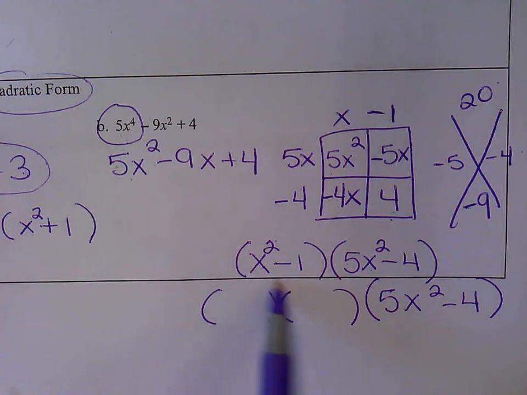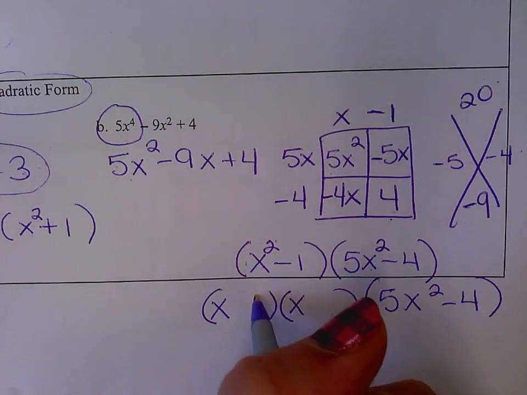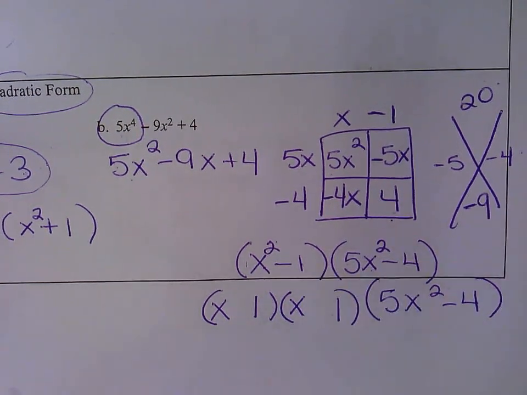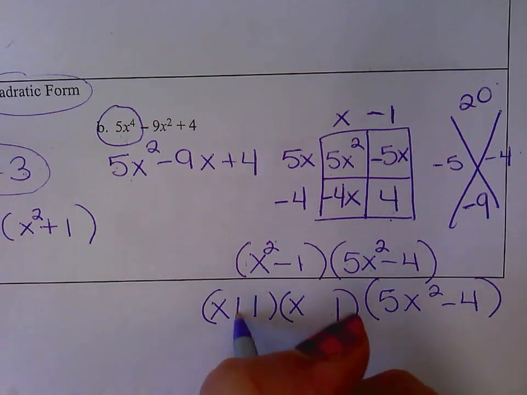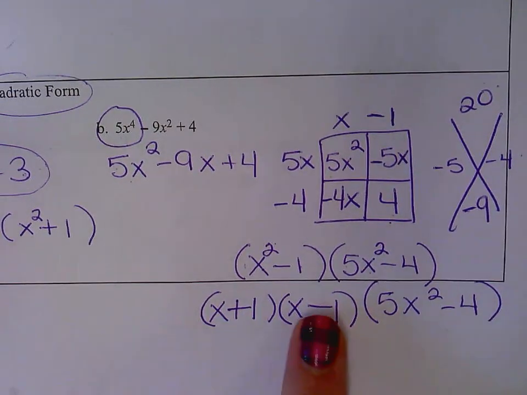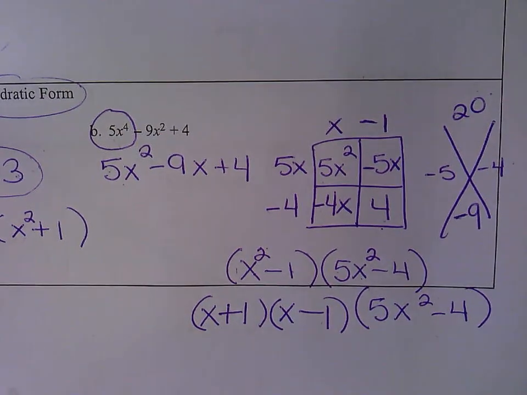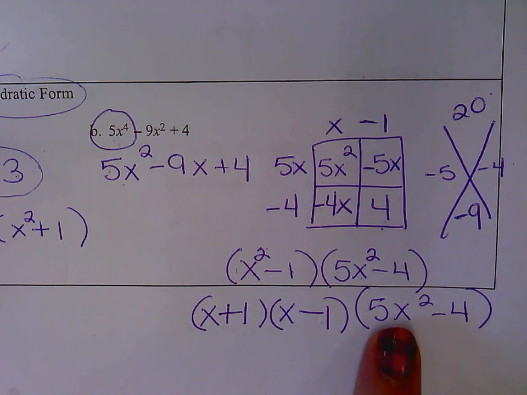What does this difference of squares factor into? x times x is x squared, and 1 times 1 is 1. So 1 gets a plus, 1 gets a minus. So I could have had 4 different factors, but I only had 3. This could have gotten split up a little bit further if it had been like x squared minus 4.